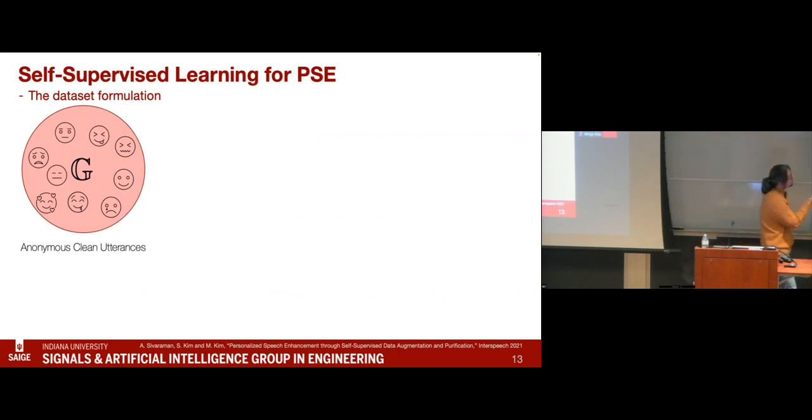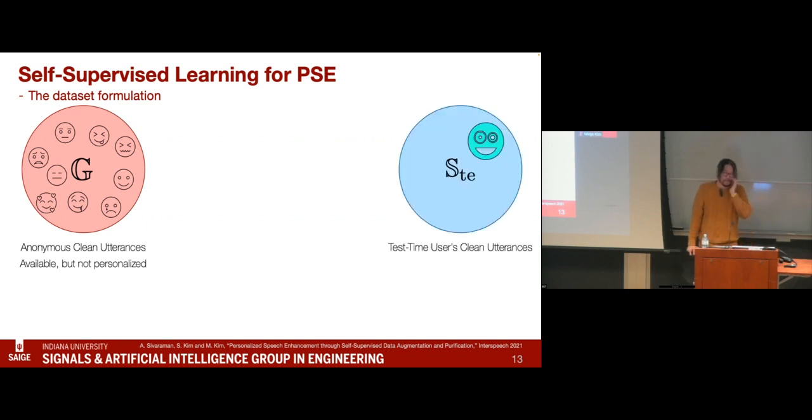This big data set G is the anonymous clean utterances. They are abundant, and you can just download them from the internet these days, LibriSpeech, for example, and they are good. You can train a big model out of this big data. Good. If you can afford it, go ahead and do that. But sometimes it's hard to personalize because you need to match one of them to your test time user, which is difficult.